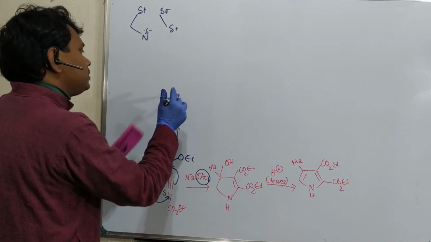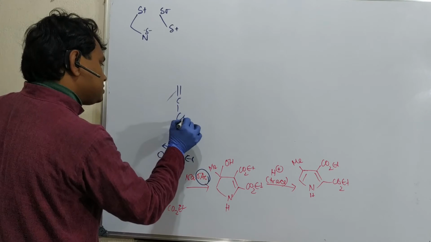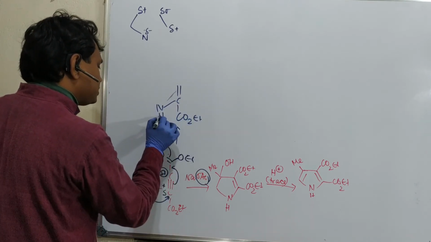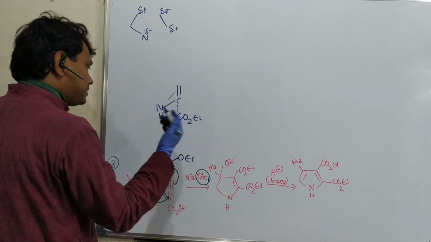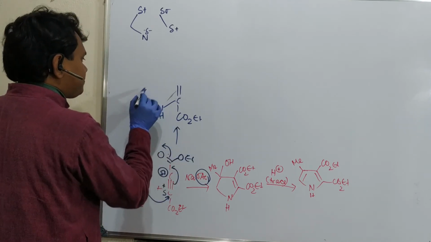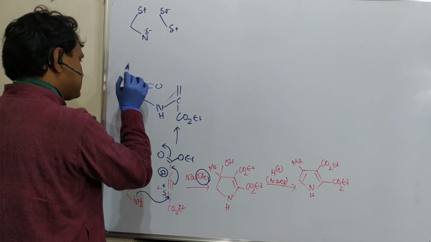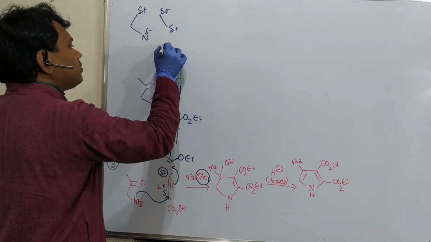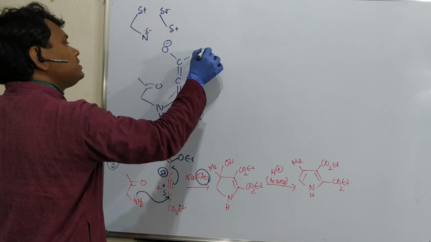So this is carbon, COOEt attached to this nitrogen. I expect that this NH is gone. This is something else: C double bond COO, OEt.